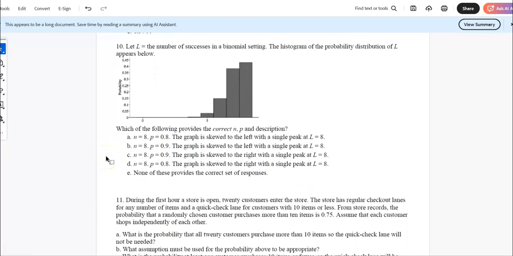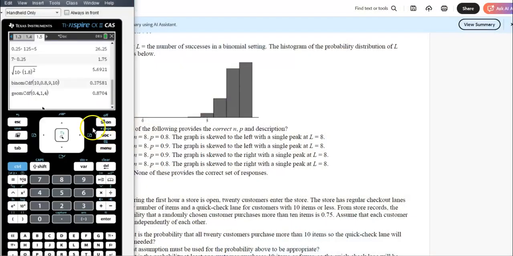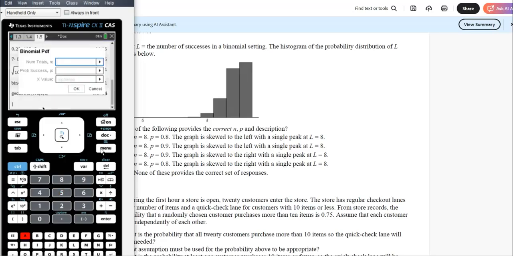Number of successes in a binomial setting. Here's the histogram. So which one would that be? So in a binomial setting, I don't know. Let's just see what happens if we type some of these in. So let's try one of these. So if we do menu 5A, number of trials is 8, I guess.